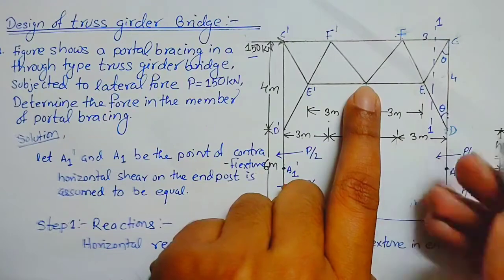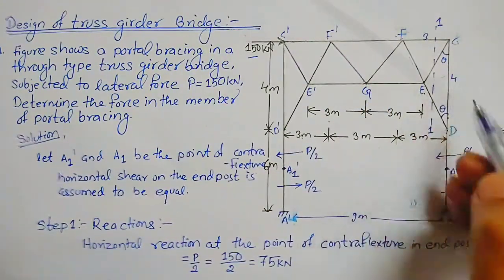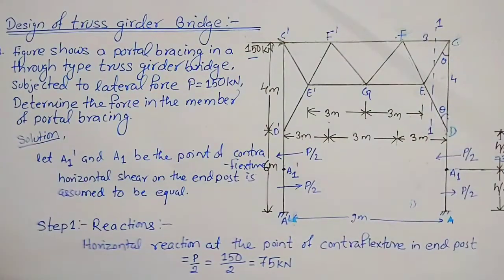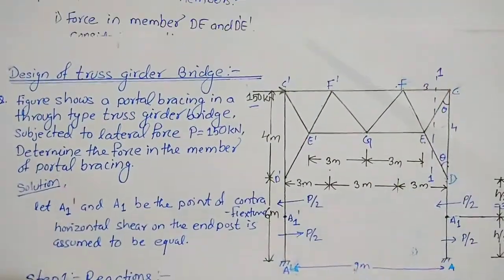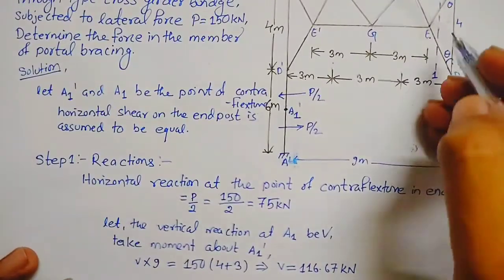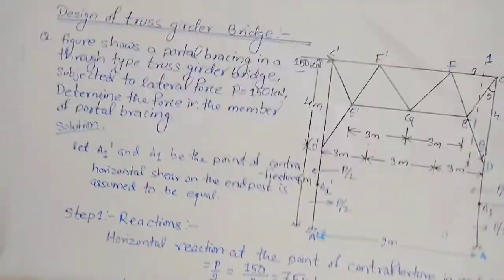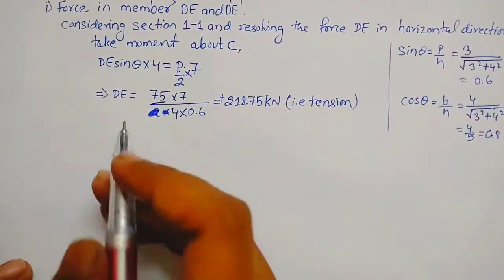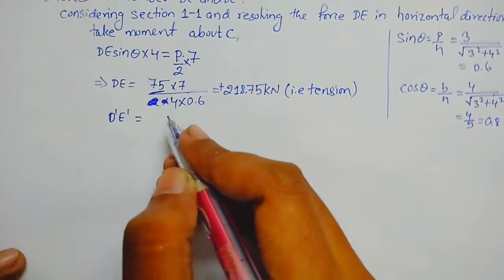And the forces are equal in magnitude but opposite in direction. As the member DE is in tension, let us represent this as tension. The force in member DE is tension, so the force in member D dash E dash will be of equal magnitude but opposite direction.